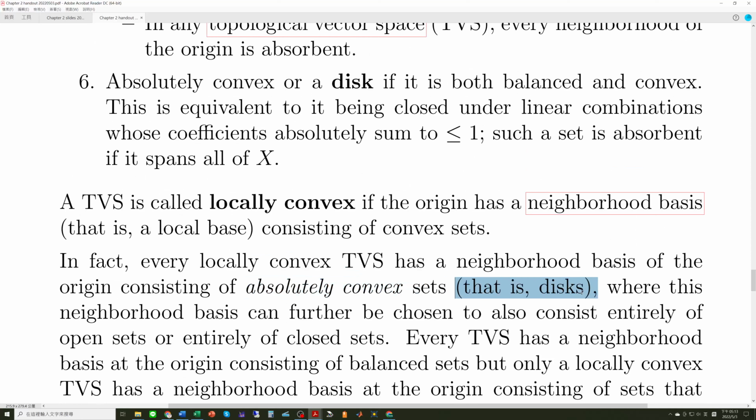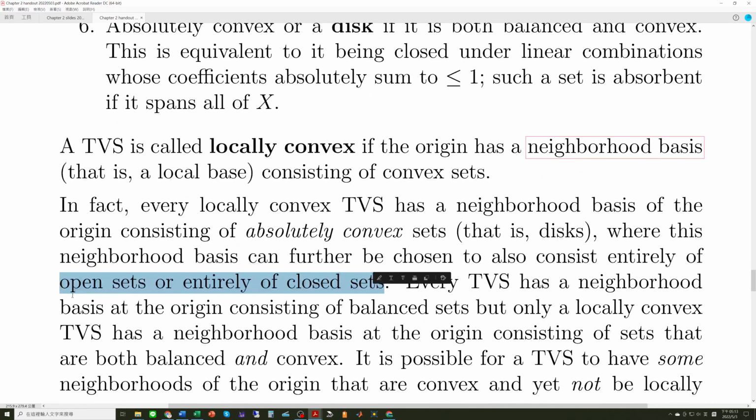That is disks, where this neighborhood basis can further be chosen to also consist entirely of open sets or entirely of closed sets. We have introduced what are open sets and closed sets. If you forget, please review the handout before.